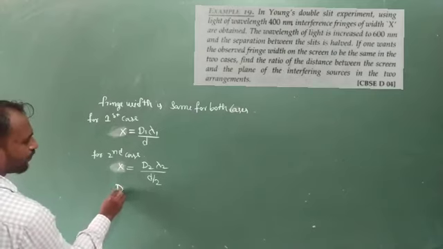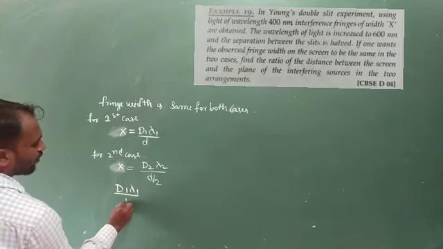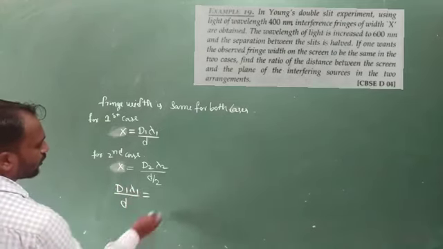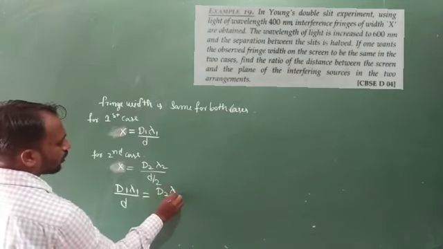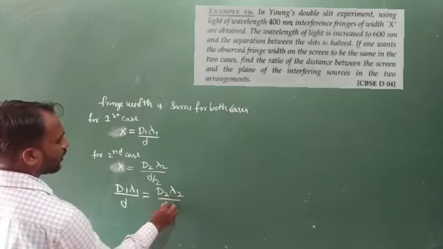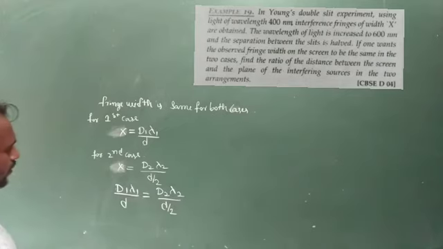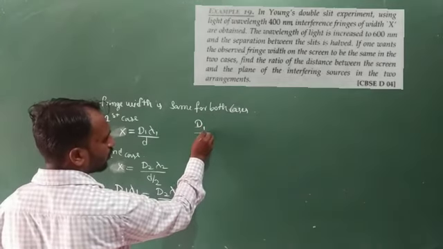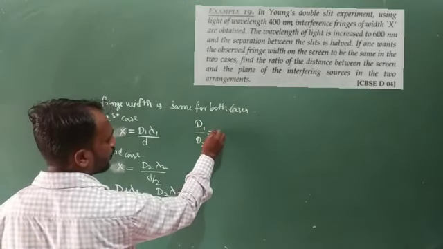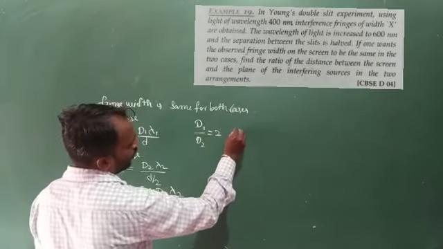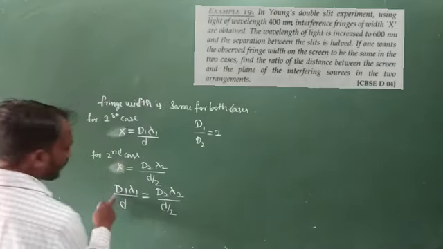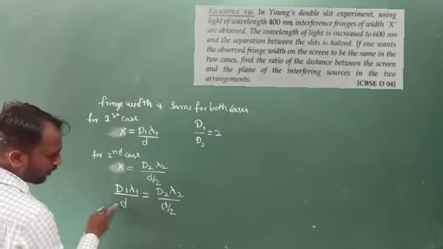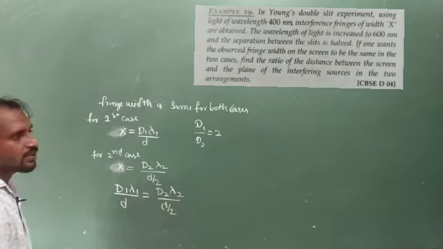It means D1 lambda 1 divided by d is equal to D2 lambda 2 divided by d by 2. So here we get D1 by D2 is equal to 2 times lambda 2 by lambda 1.